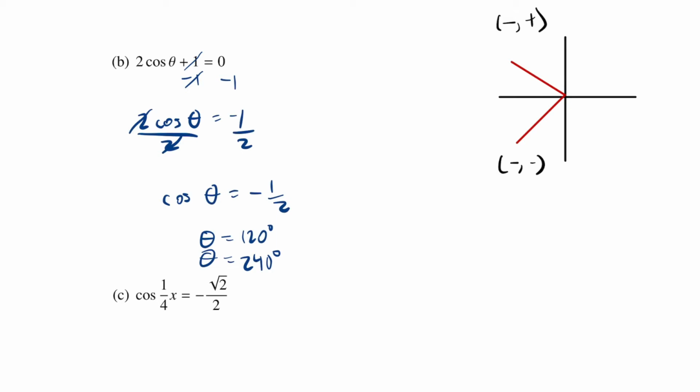And same as before, you need to add any multiple of 360 to find all the coterminal angles. So 360 times n, 360 times n. Those are the two solution sets.